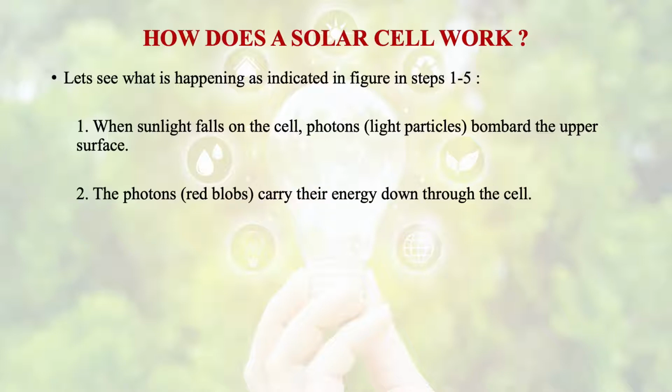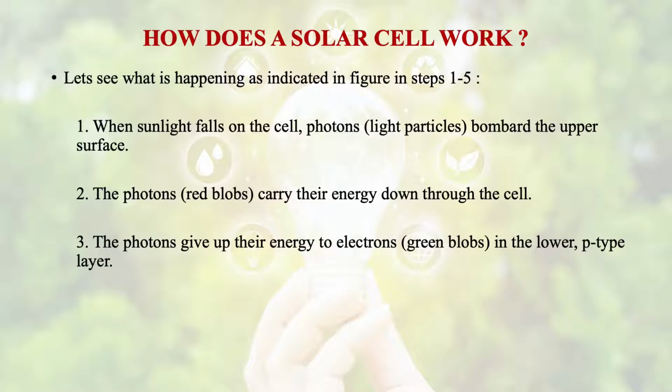The photons, which are shown by the red box in the figure, carry their energy down through the cell, and the photons give up their energy to electrons, the green blobs, in the lower p-type layer, in the third indication in the figure.